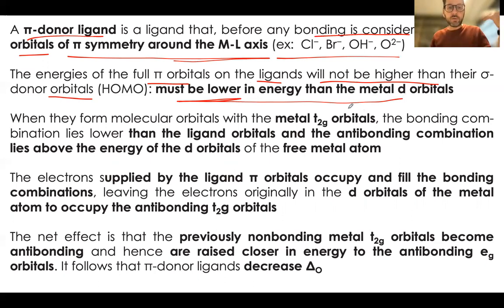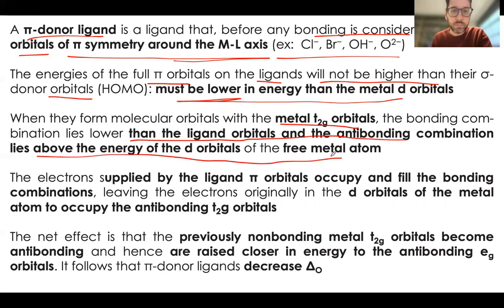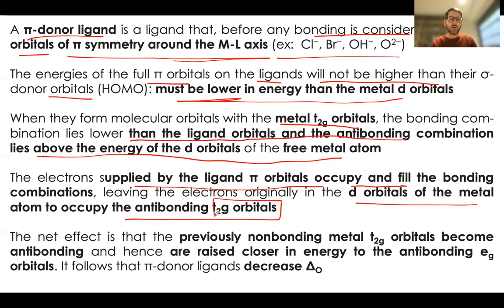Therefore, when they form molecular orbitals with the metal T2g orbitals, the bonding combination will be lower than the ligand orbitals, and the anti-bonding combination will be above the d orbitals of the free metal atom in energy. Moreover, the electrons supplied by the ligand orbitals will occupy the bonding combinations, leaving the electrons originally in the d orbitals of the metal to occupy the anti-bonding T2g orbital.